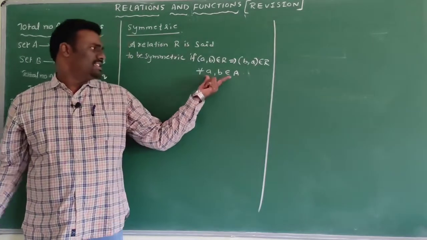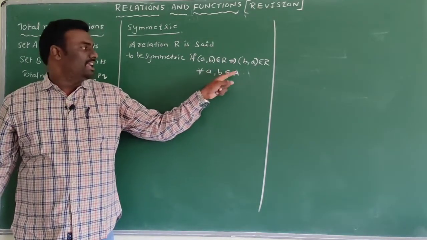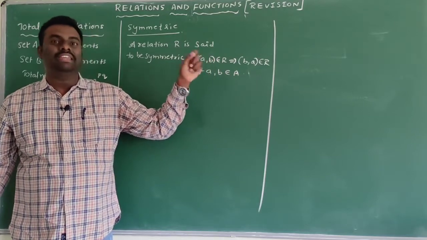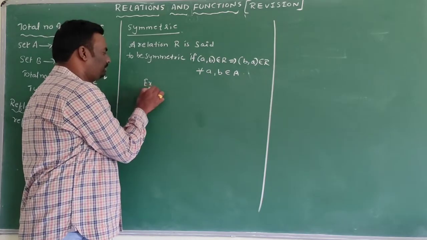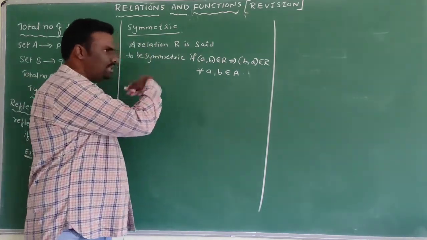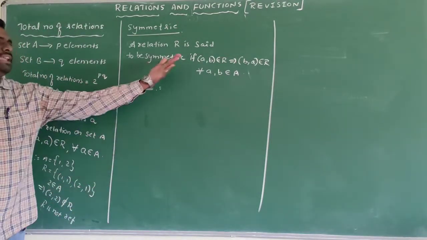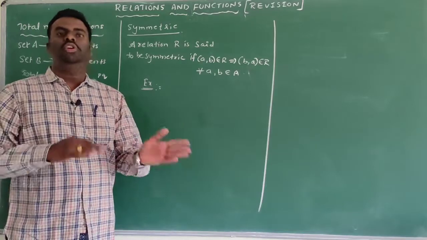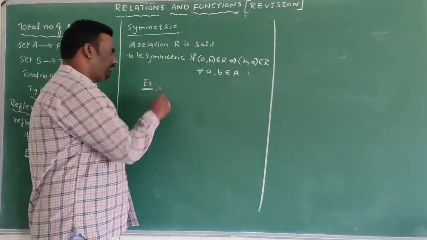What is the meaning of this? What are the elements we are taking? Those elements are already compulsory; you need to take them in the given set. Okay, now I'll give an example. Here I took an example based on sets. Now I am taking an example based on human relations.